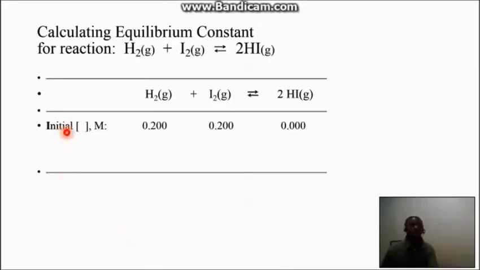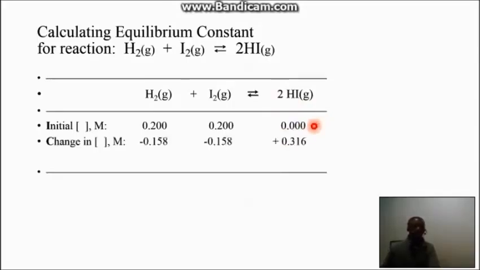What is my initial concentration of reactants? What about initial concentration of products? So we know that we have 0.2 molar of hydrogen, we have 0.2 molar of iodine. But before the reaction, we didn't have any product because the product was not there. So the concentration of the product is 0.00 molar.